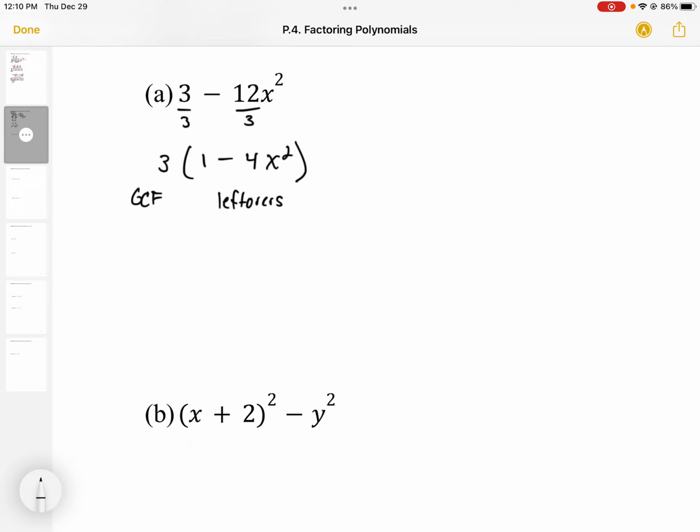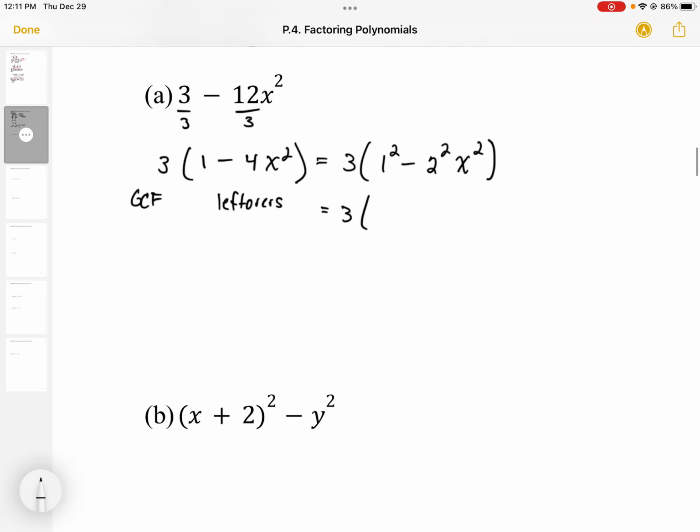So now we're going to factor the leftovers. The leftovers are a difference of two squares. We can see that 1 can be written as 1 squared, 4 can be written as 2 squared, and x squared is obviously already something squared. So I'm going to rewrite that again, combining the 2 squared and the x squared. I could rewrite it as 2x squared.